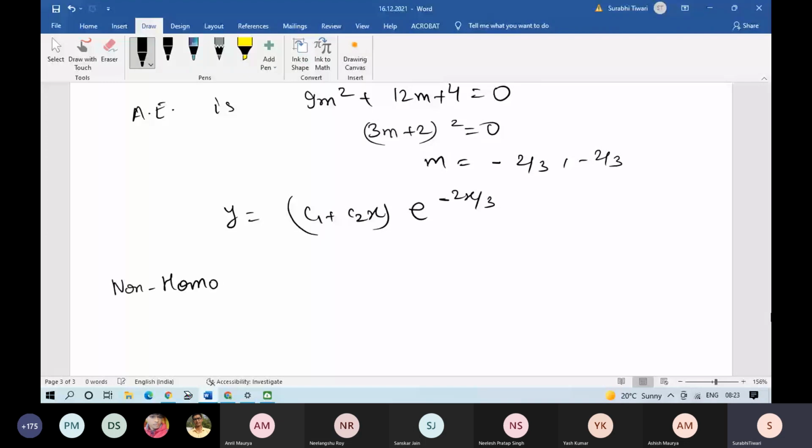Now non-homogeneous functions, rules for finding particular integral.